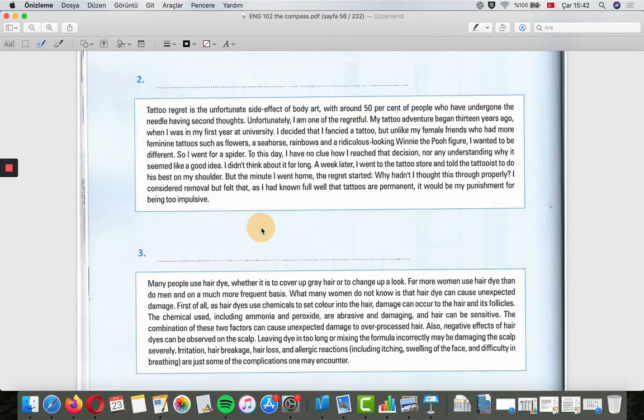Tattoo regret is the unfortunate side effect of body art. My tattoo adventure began. I am one of the regretful. I decided that I fancied a tattoo. I didn't think about it for long. So when I look at this paragraph, it talks about a story. It has past tense.